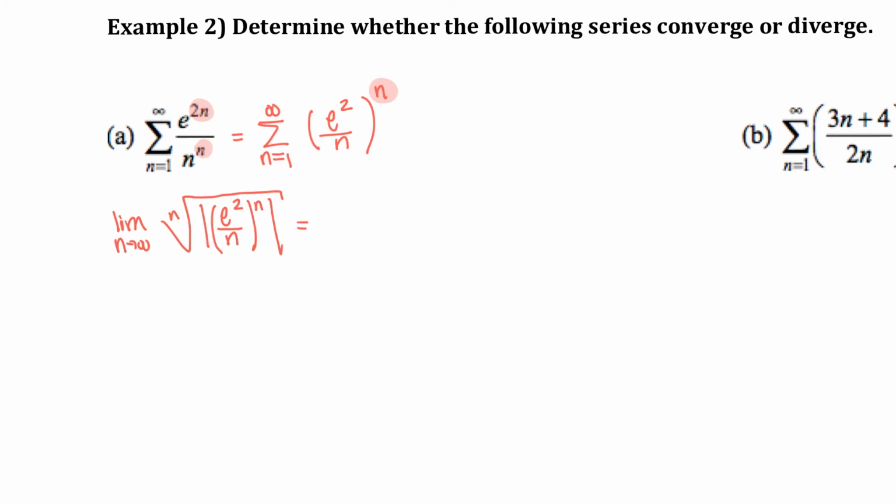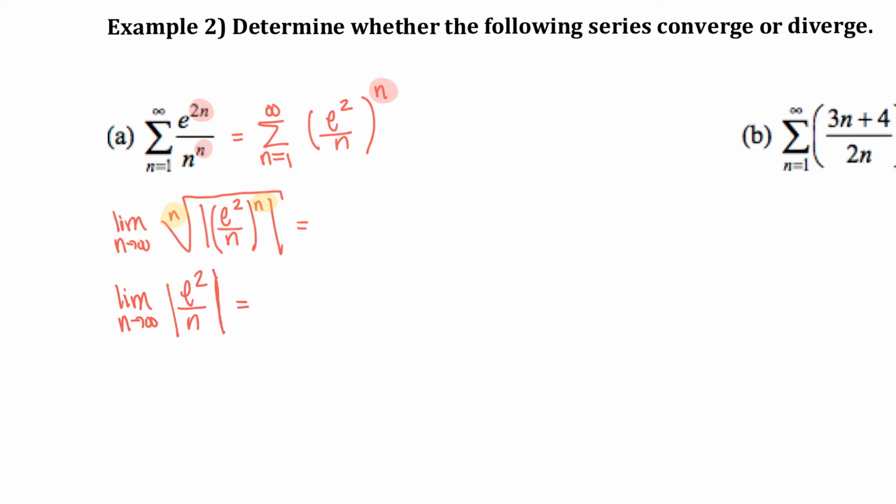And when you do that, you see this nth root and this nth power are going to cancel. So now I have the limit as n approaches infinity of the absolute value of e squared over n. But that's always going to be positive anyways.